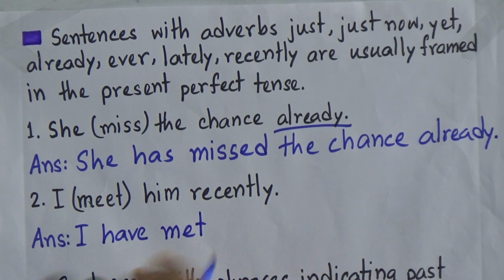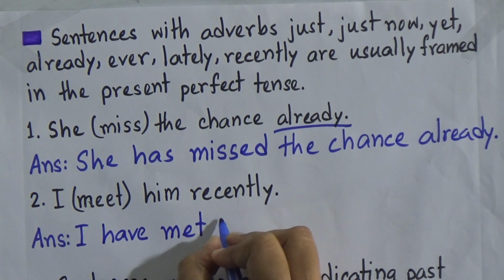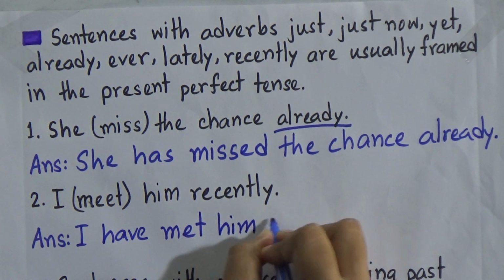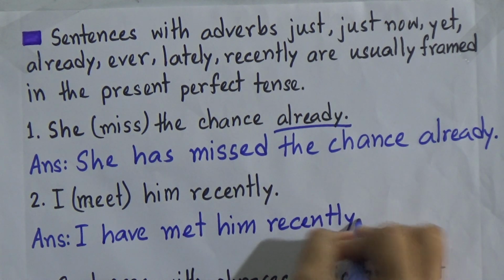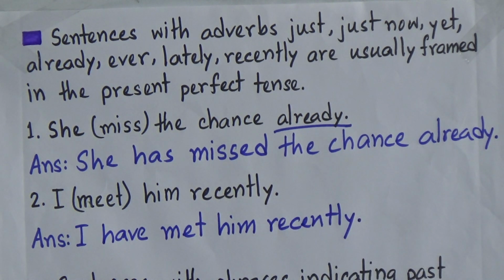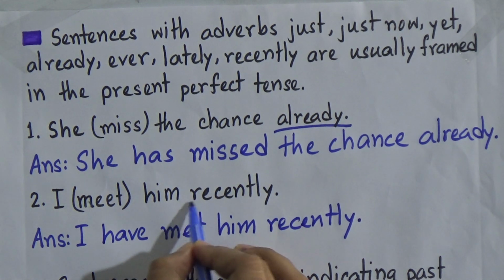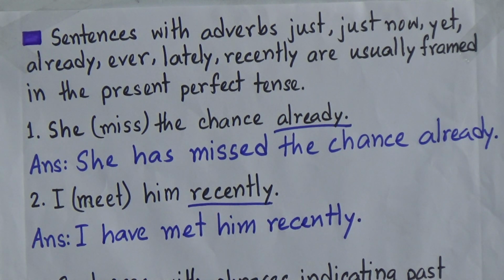We will omit one e. And now the rest of the sentence, I met him recently. So when you find already, recently, lately, ever, just now in a sentence, it will be present perfect tense. So you will follow the structure of the present perfect tense.